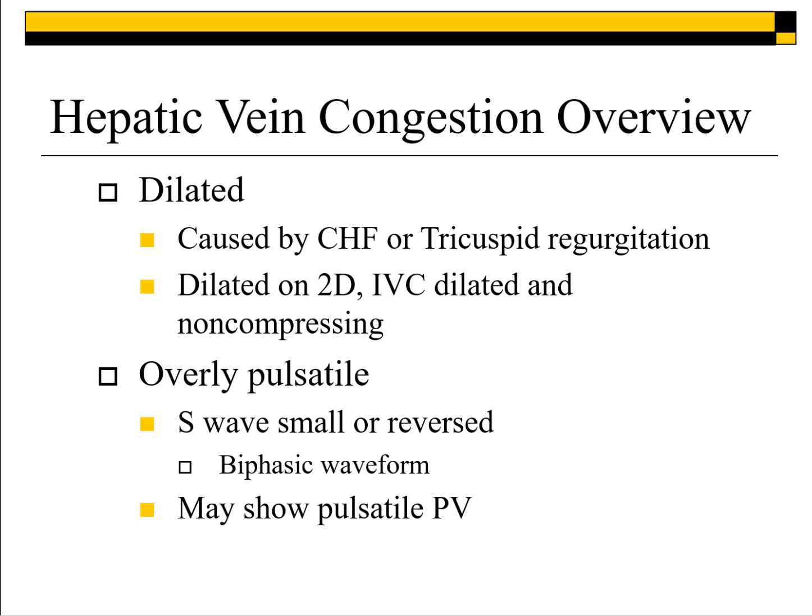The S wave gets smaller or becomes reversed, and we call that a biphasic waveform or ASV complex. This will also most likely show pulsatile flow in the portal venous system as it gets severe enough. So let's examine some of these waveforms on these upcoming slides.